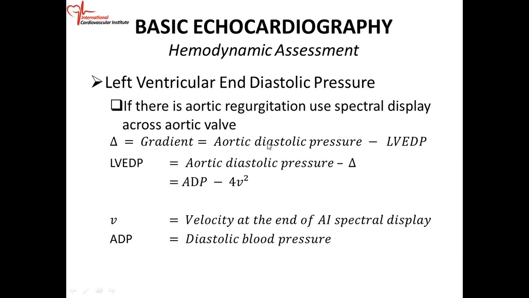This is the gradient. This is what we don't know. We don't know the left ventricular end diastolic pressure. But if we rearrange our equation, the left ventricular end diastolic pressure is equal to the aortic diastolic pressure minus the gradient. The gradient is equal to 4V squared.